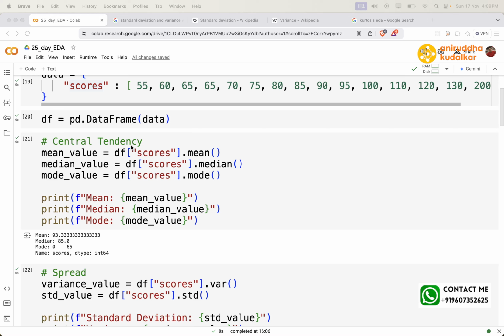They will ask you the question, give me the box plot of this quantitative data.